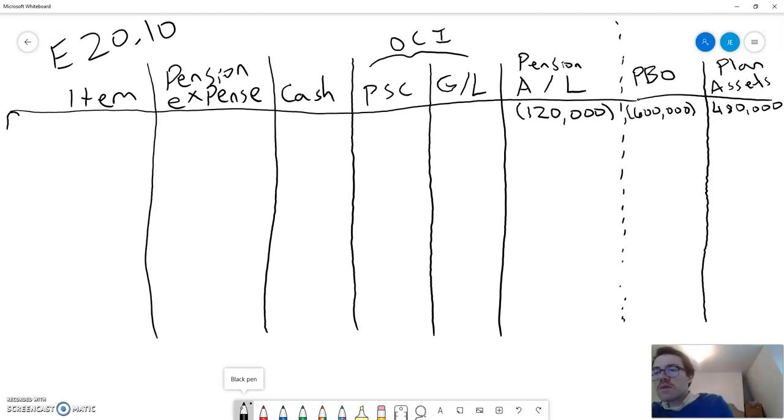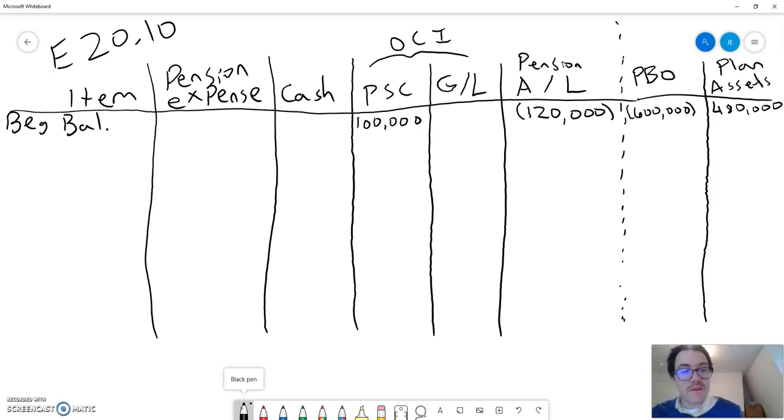So let's see, beginning balances. Okay. There's some other beginning balances. You have prior year service costs and your accumulated other comprehensive income as a beginning balance of $100,000. Of course, being a debit.